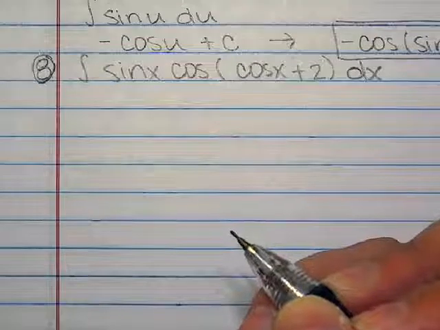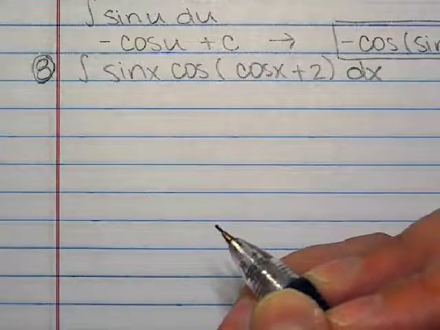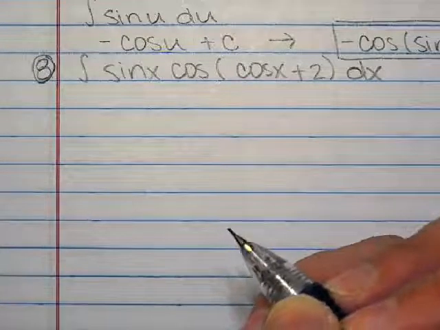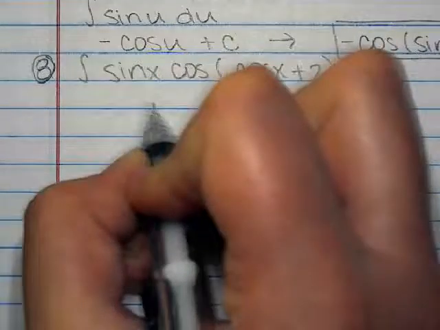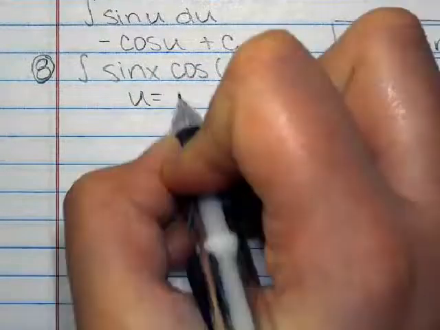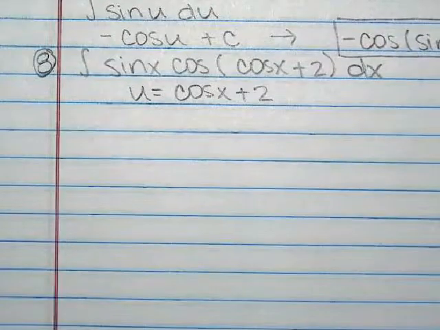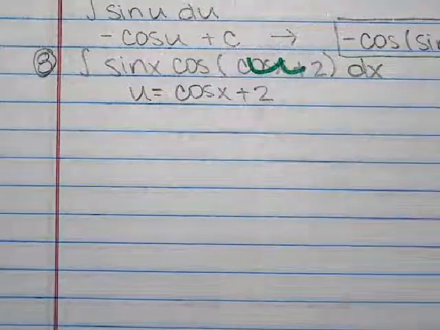All right, what is u? Cos x plus 2. Okay, so there's the inside. And then what is the du? Negative sine x dx.